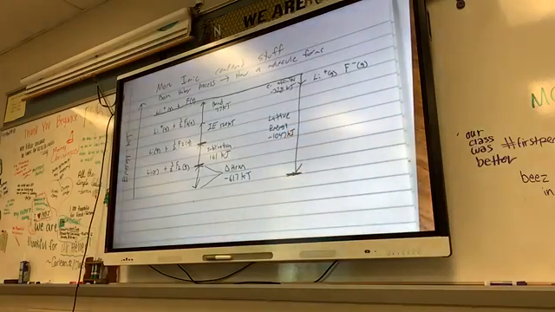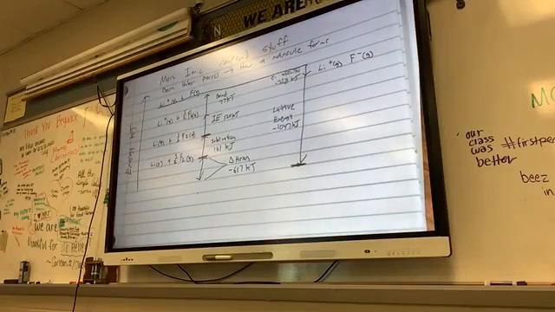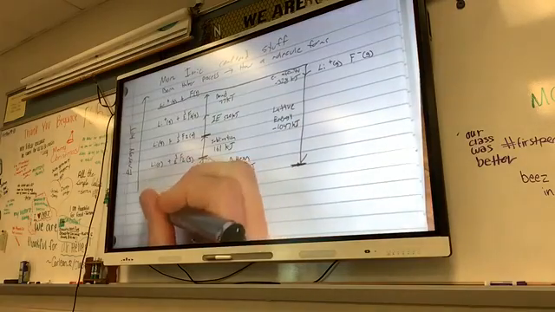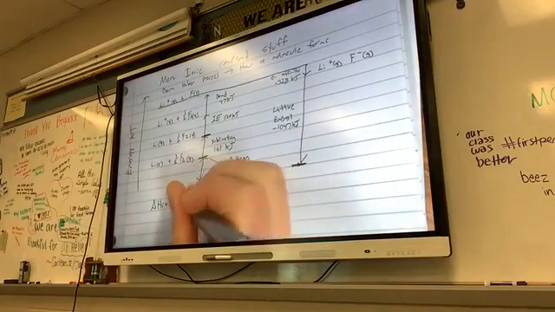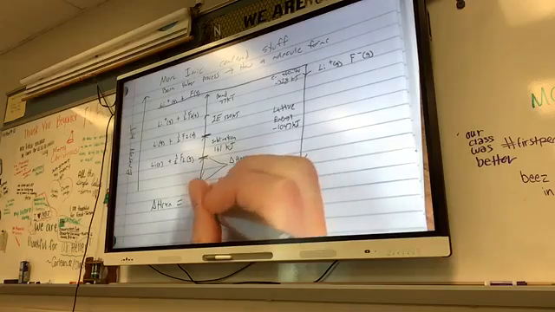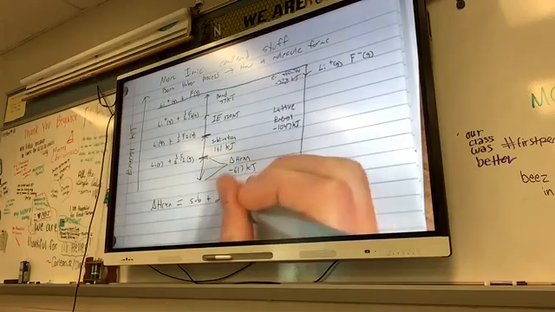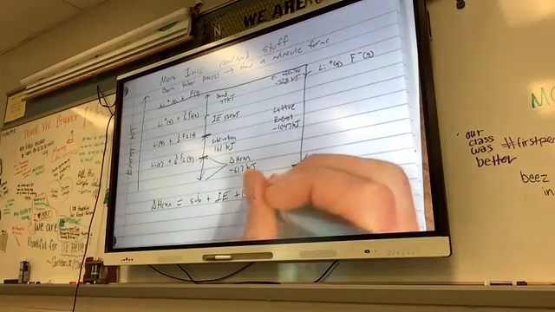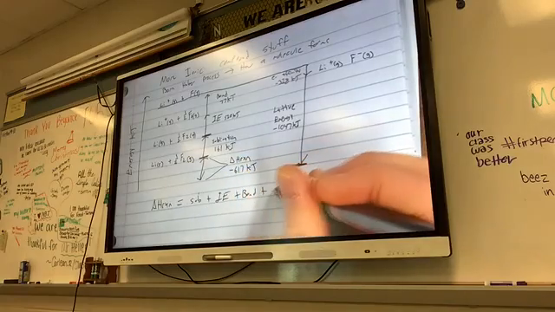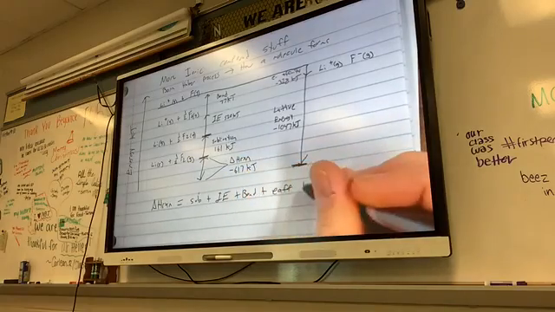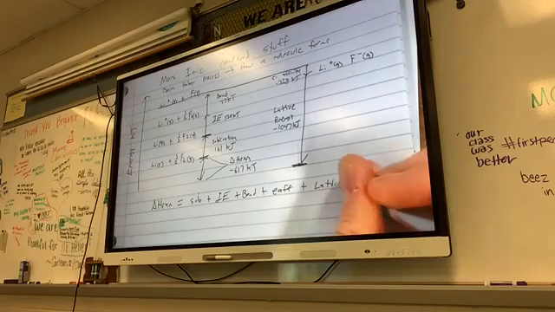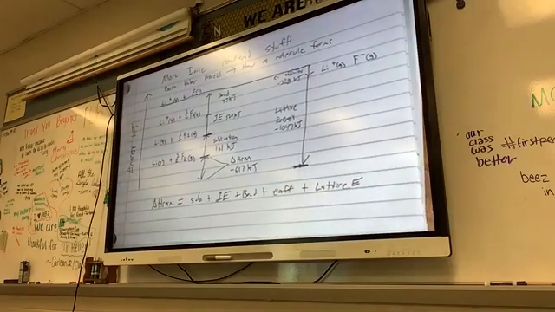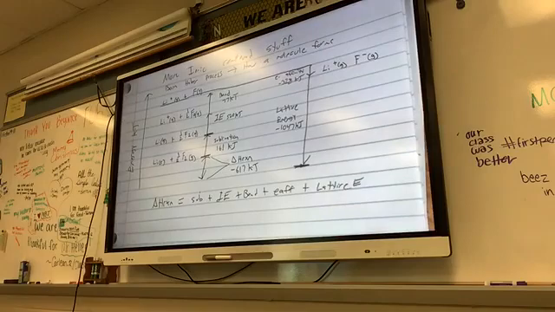So, on a test, super easy, all you have to do to figure that out is delta H reaction is equal to sublimation energy plus ionization energy plus bond energy plus electron affinity plus lattice energy. You just add them up.